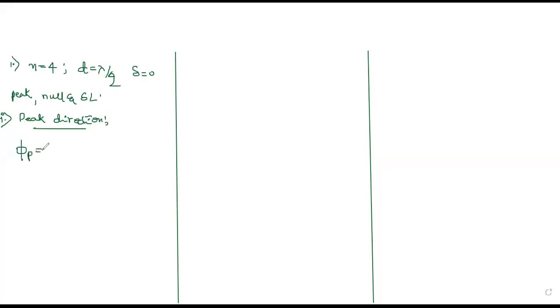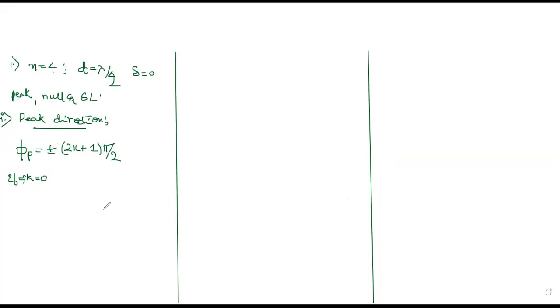After substituting 0, the formula was phi p is equal to plus or minus (2k plus 1) into pi by 2. What exactly you do here is go on substituting the values, starting with k is equal to 0. So you know that the peak value will be perpendicular: pi by 2, 3 pi by 2, 5 pi by 2, 7 pi by 2. These will be the values.